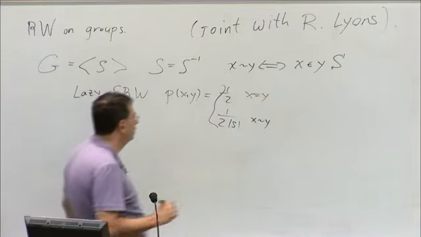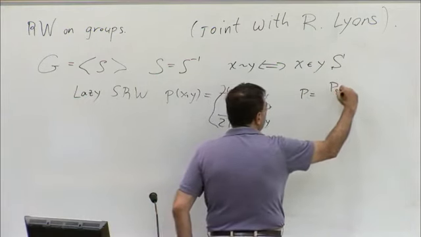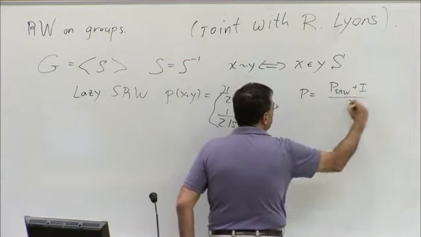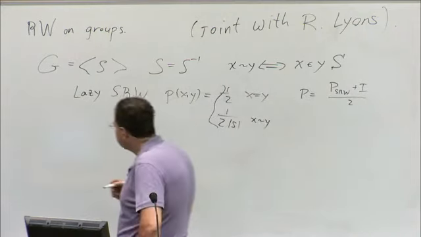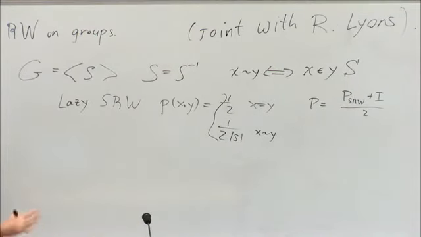But this transition matrix is just the average of the transition matrix for simple random walk and the identity.